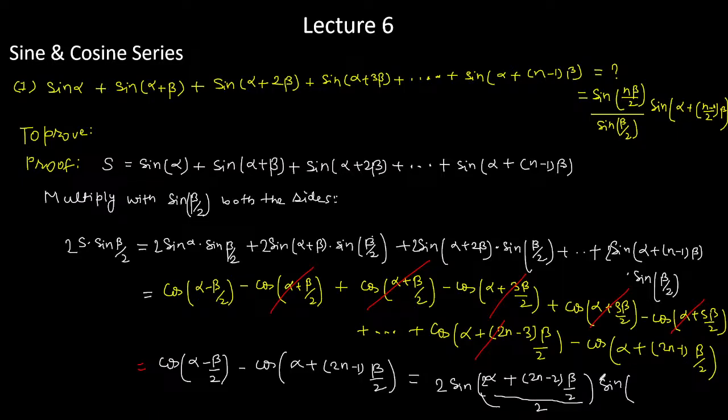So d minus c is nothing but 2n beta by 4. This is what we are going to get.